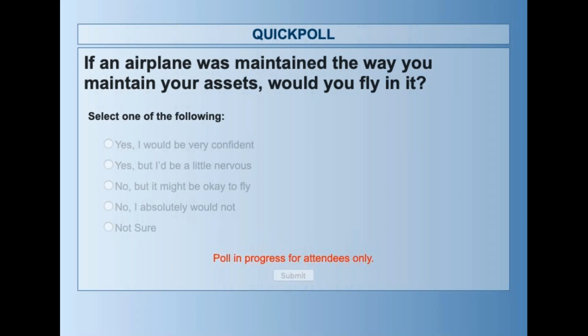If you think you have okay maintenance, yeah, you might fly in it, but you'd be a little nervous. The third answer is, I don't really think I would, but probably it would be okay, most likely it would fly. The next answer is no, I absolutely would not get in a plane if it was maintained that way. And then the last answer is not sure.